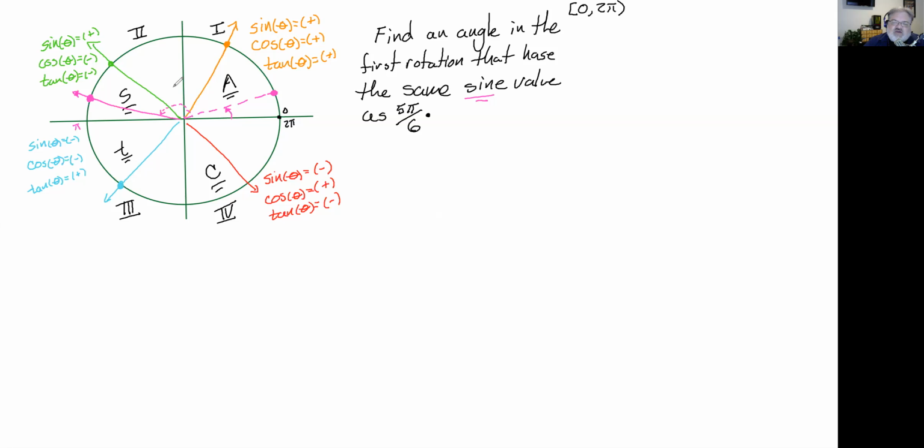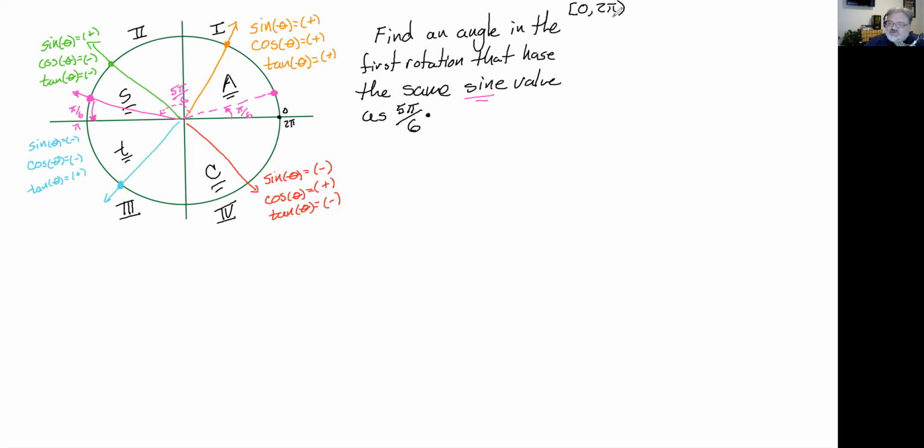So if this angle was 5 pi over 6, and we want to know how much this angle here is, remember, we talked about reference angles. So essentially we're asking, what's the reference angle here? Well, that reference angle there would be the other pi over 6. So if we take that reference angle of pi over 6 and move it over here, then that's just an angle of pi over 6.